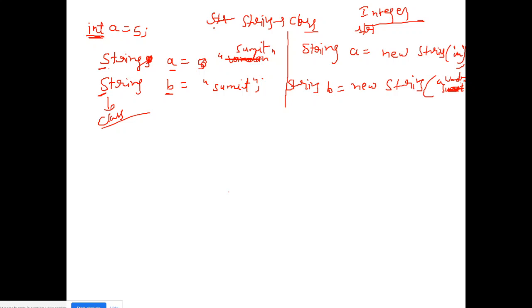Integer variable, and this is the primitive type. These topics you need to explore, what are primitive types, what are the wrapper classes. This will be your assignment, but you need to understand string from very basic.